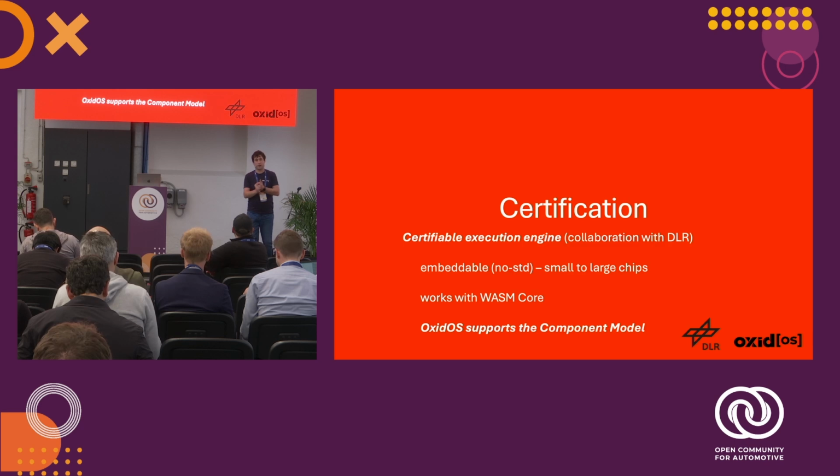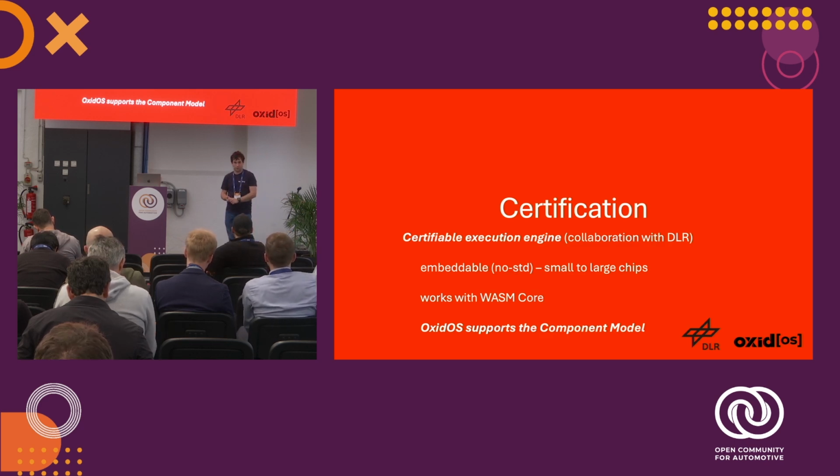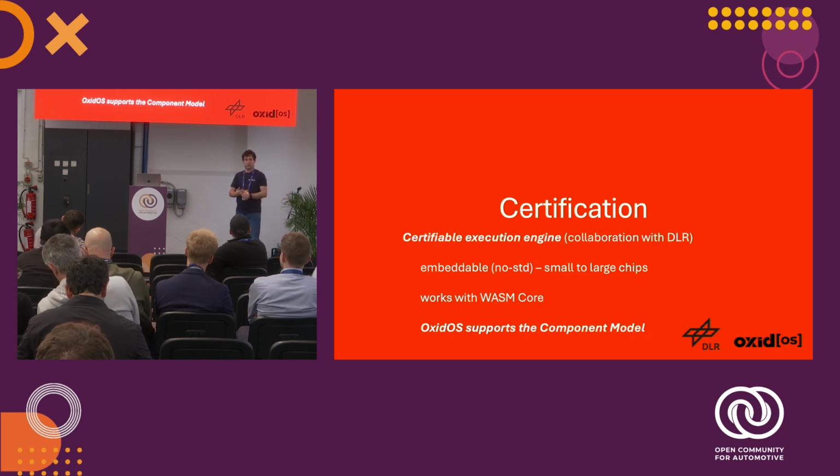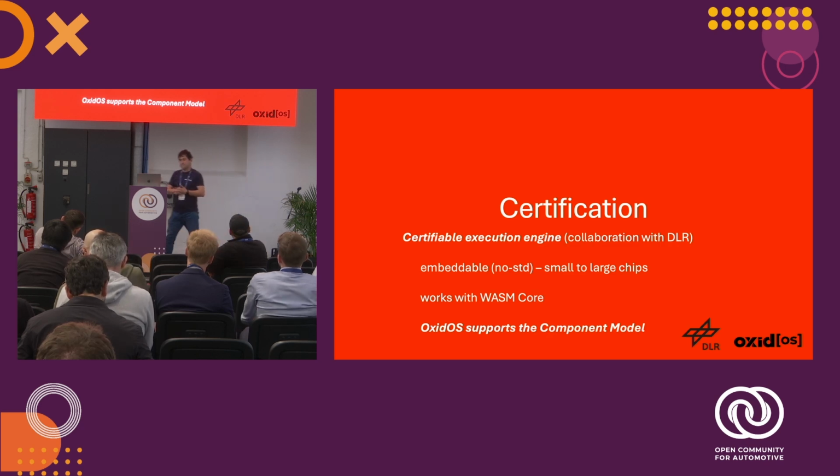Our goal is to add the components model to it and write it in such a way that it's ISO 26262 certifiable for ASIL D, out of context. The project is open source. I forgot to put a link here, but I'll gladly send the link. It's called WebAssembly Interpreter, WASM Interpreter. You can search for it on GitHub. It's mostly done, so hopefully we'll be able to start the certification process soon.